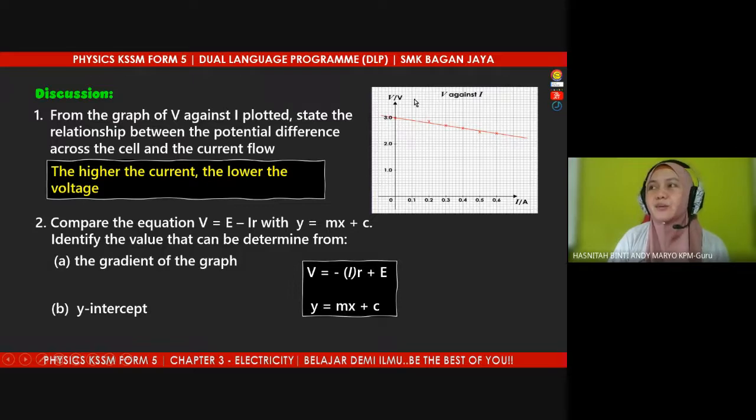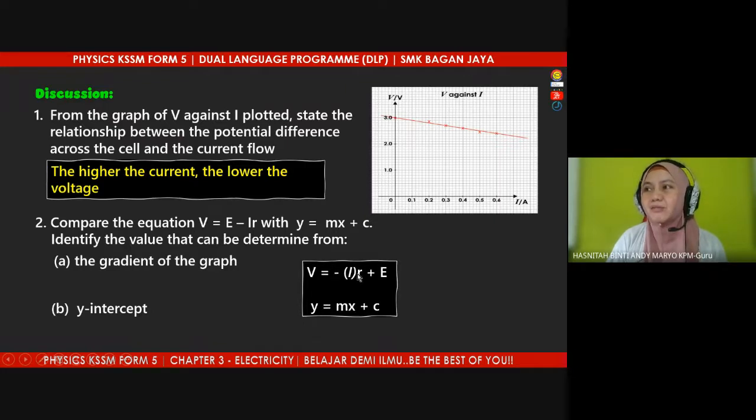Actually, from our graph, V represents the y-axis. Since I is our x-axis, I is x.